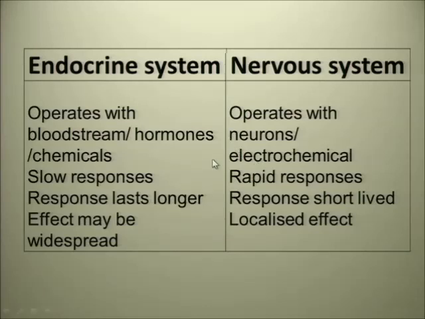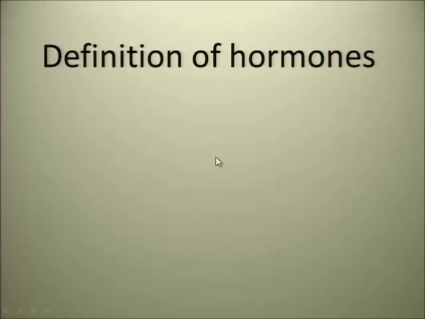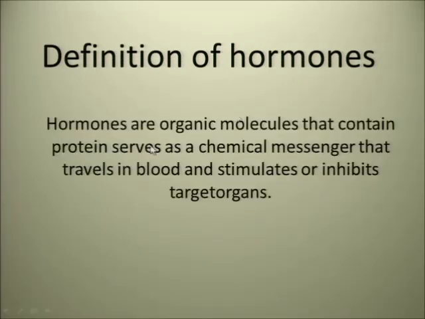Then the other thing that is very important is the definition of hormones. Many times they ask, give the characteristics of the hormones, or what are hormones. Hormones are organic molecules, one point, that consist of or contain protein. It serves as a chemical messenger, another point. It travels in the blood, and it can stimulate or inhibit a target organ.